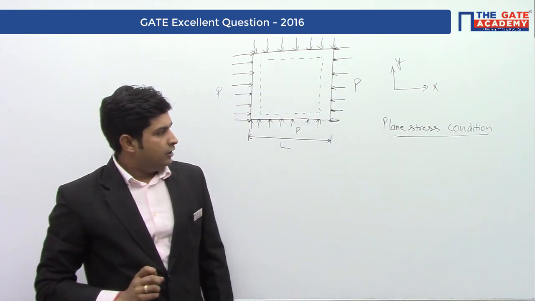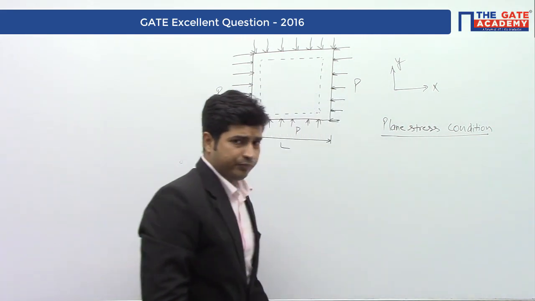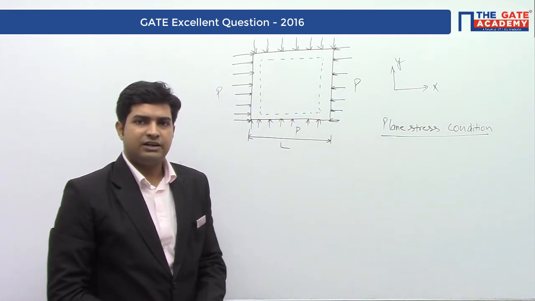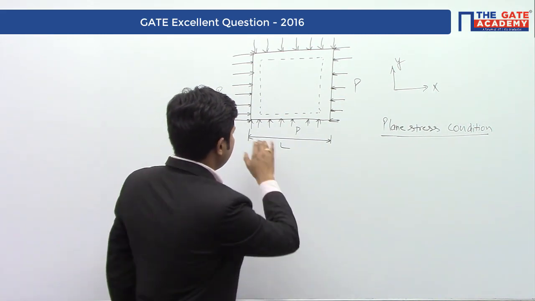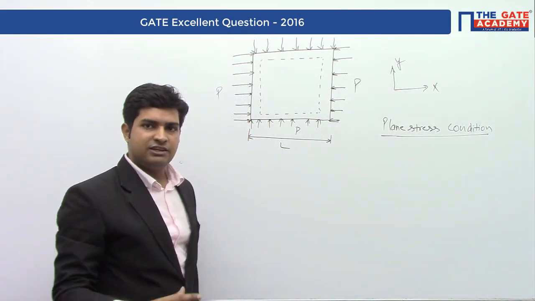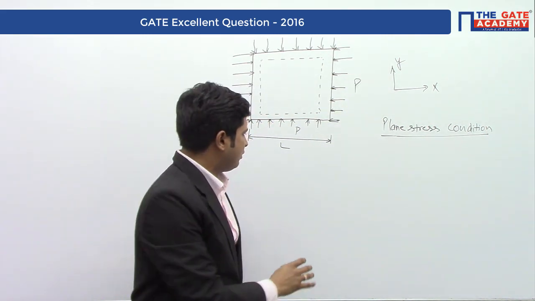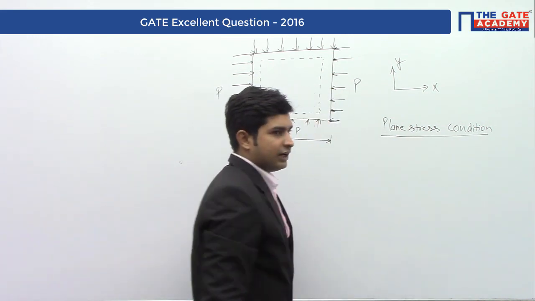And the second thing about plane stress condition is that the third dimension is negligible compared to the other two dimensions. This dimension is L, this dimension is also L, so the dimension in the third direction is negligible compared to these two. So these are the two conditions for plane stress condition.